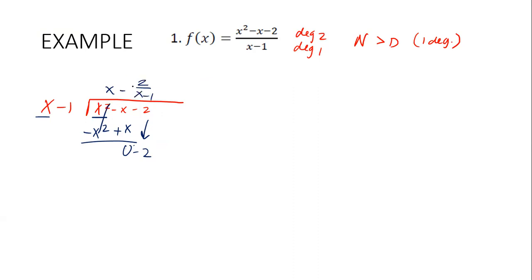So that's my quotient. Of the quotient, which part is my slant asymptote? Just this piece, right? That's where my slant asymptote is. So my slant asymptote is y equals x.